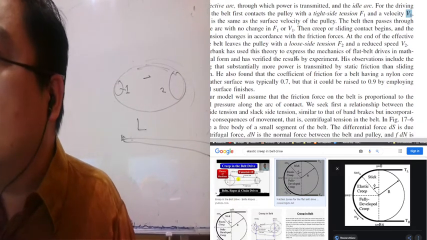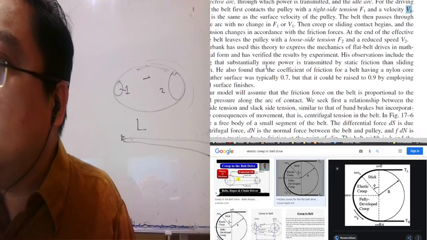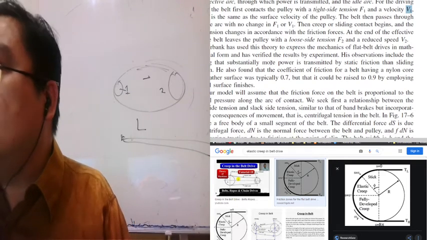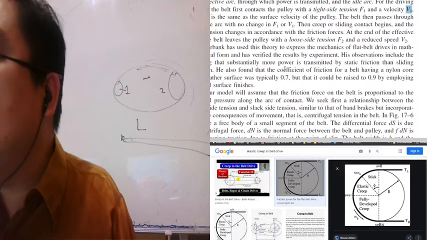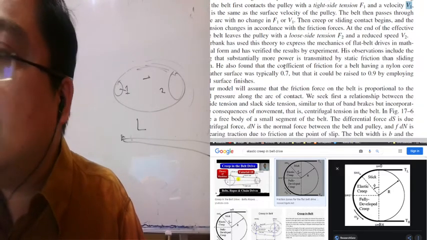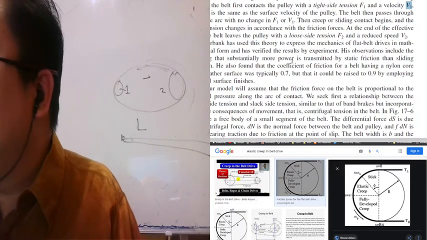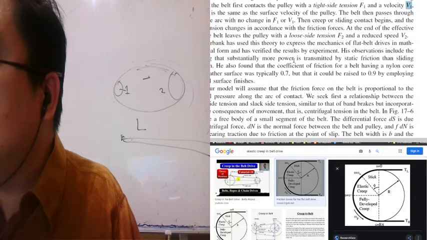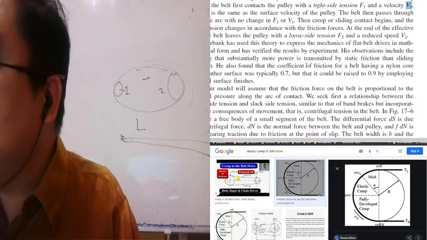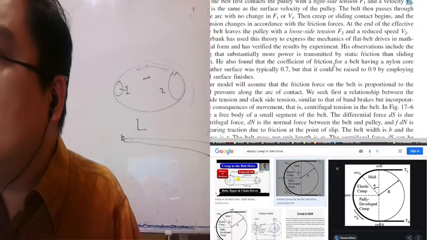Mr. Fairbank used this theory to express the mechanics of belt drive in mathematical form and verified the result by experiment. His observations include the finding that substantially more power is transmitted by static friction than sliding friction.